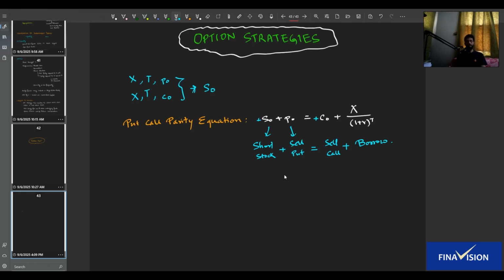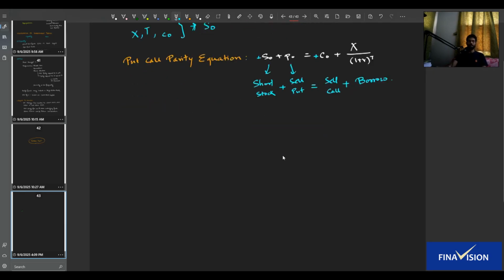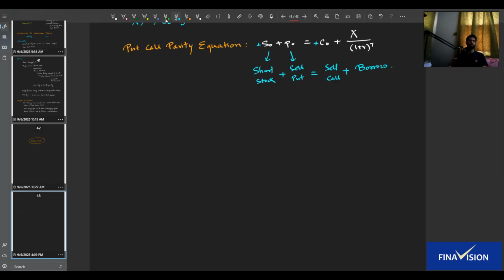So how do we do that? Let's take an example. Let's say we want to create a synthetic long underlying, long S0. How do we do that? We simply try to understand what is the synthetic position of a cash outflow due to purchase of the underlying. Because when we are long underlying, we are purchasing it. So there is a cash outflow, which means we are trying to interpret what is minus S0 in this put call parity equation.